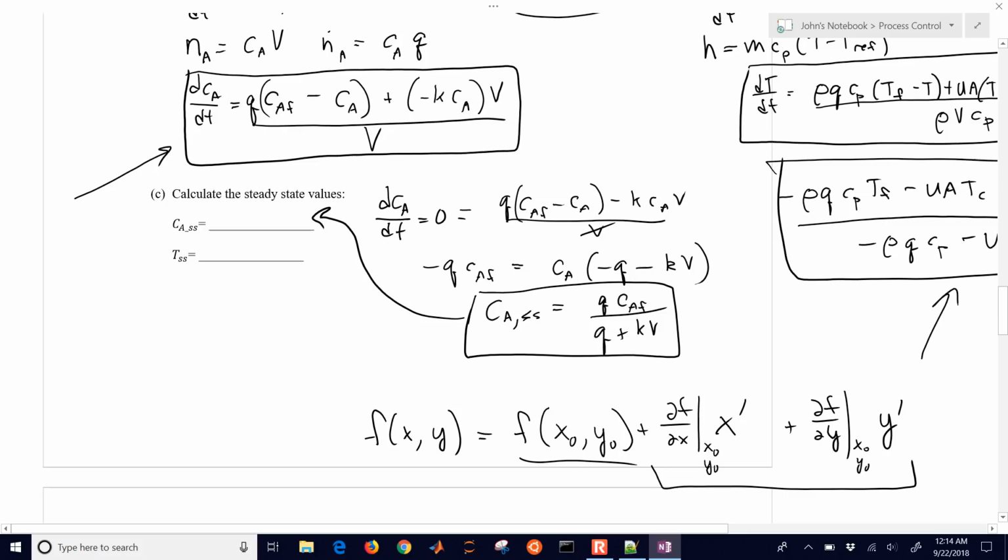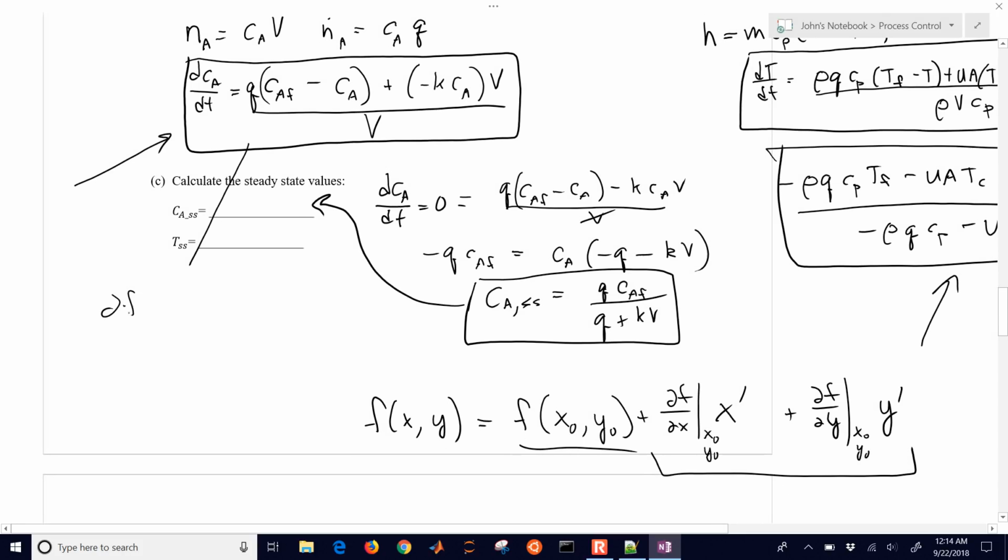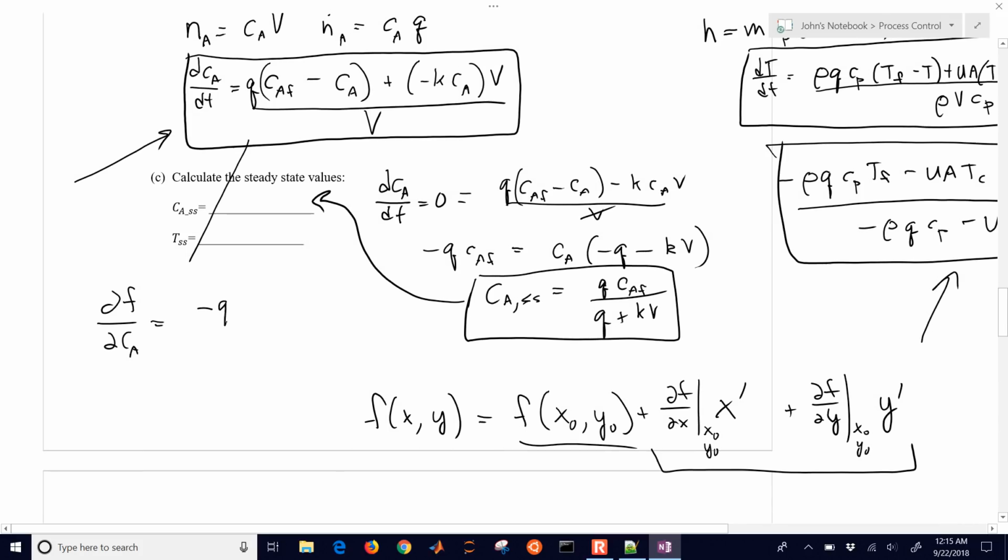I just want to take the partial of this with respect to CA, and that's going to be equal to negative Q divided by V. And then we're also going to have minus, let's see, K. So I just took the partial with respect to CA, and that is going to be equal to alpha 1.